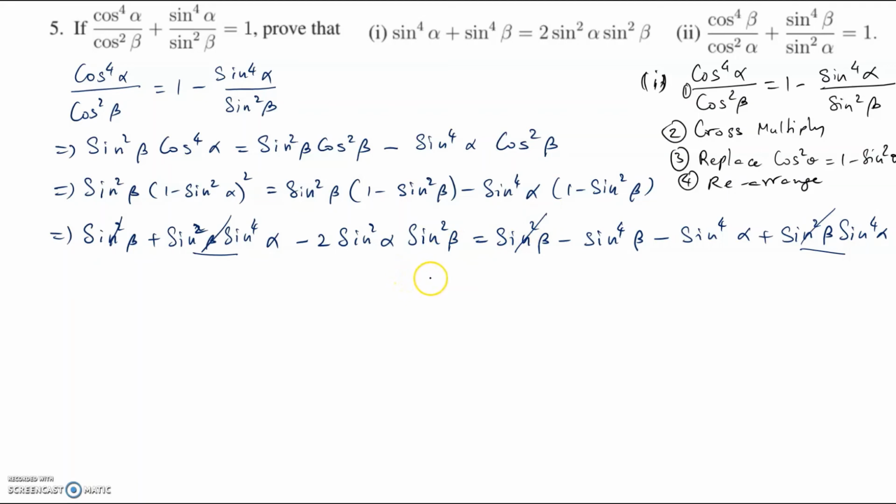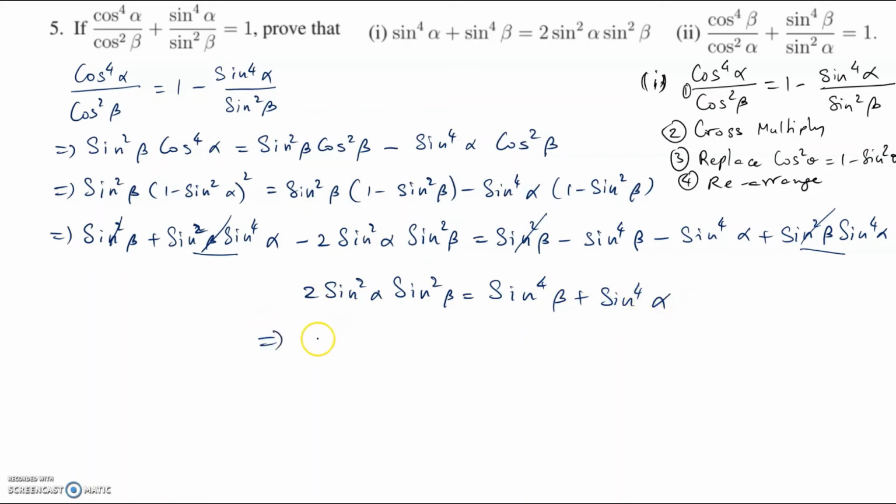We can cancel it. So we are left with 1, 2 and 3 terms, and they are with a negative sign. So if you move them all, both left hand side and right hand side, you will get 2 sin squared alpha sin squared beta is equal to sin to the power 4 beta plus sin to the power 4 alpha.